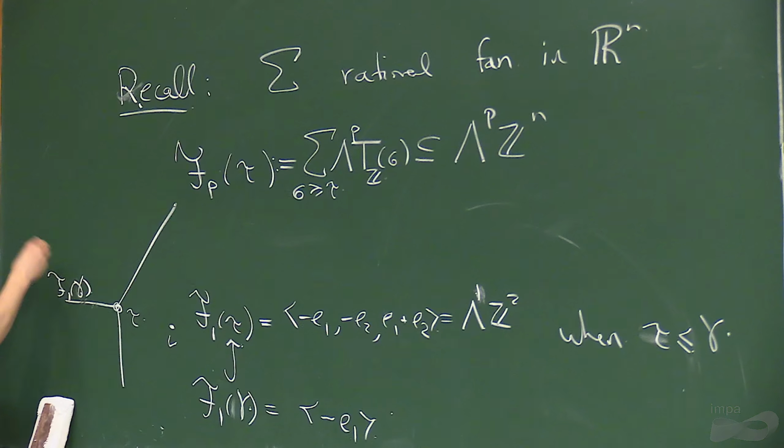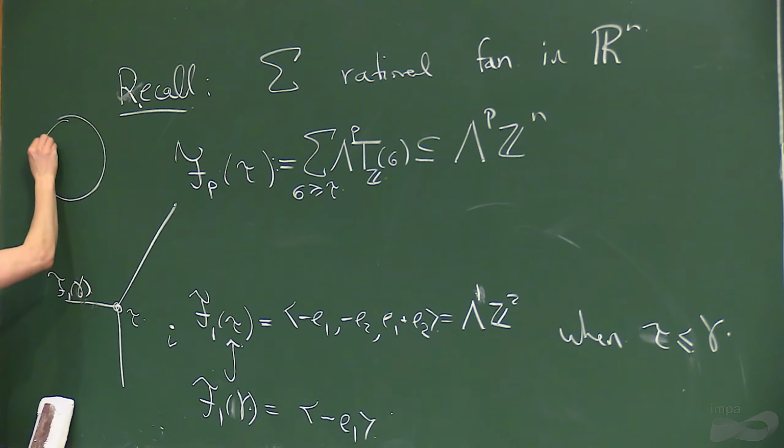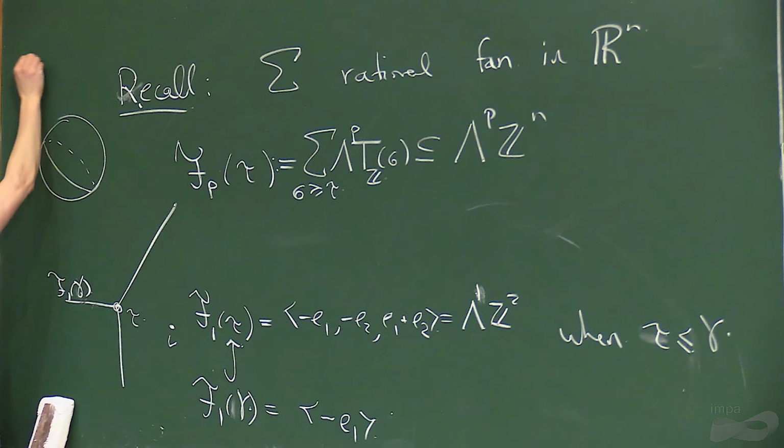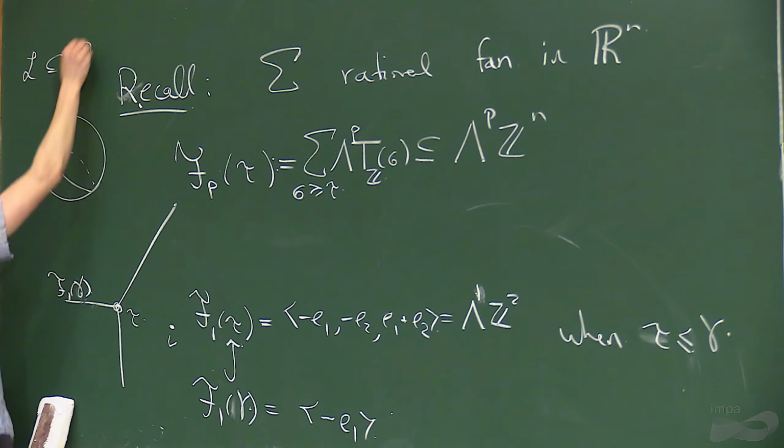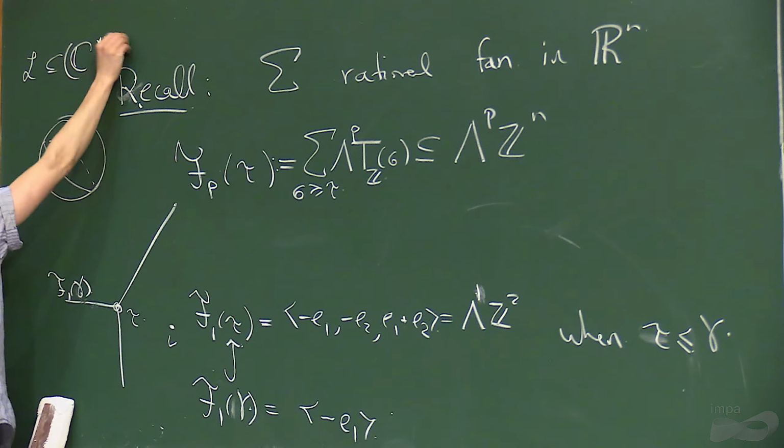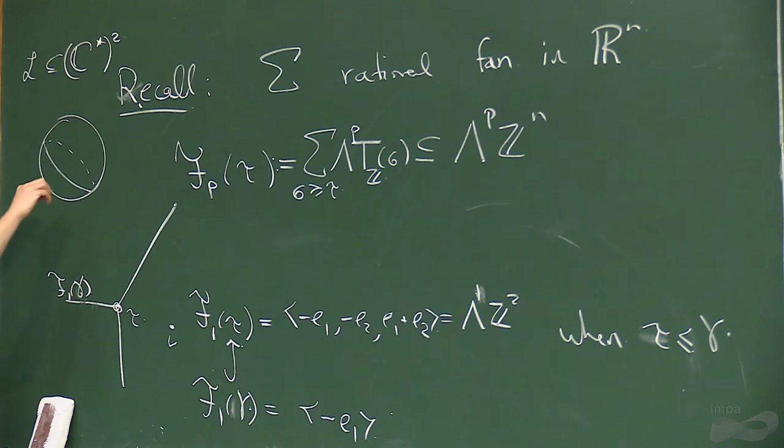So here we saw last time that we got this picture from tropicalizing a line. I drew the real part of the line, but the complex points on that line that lived in C star squared would be a CP1 but with 3 punctures.